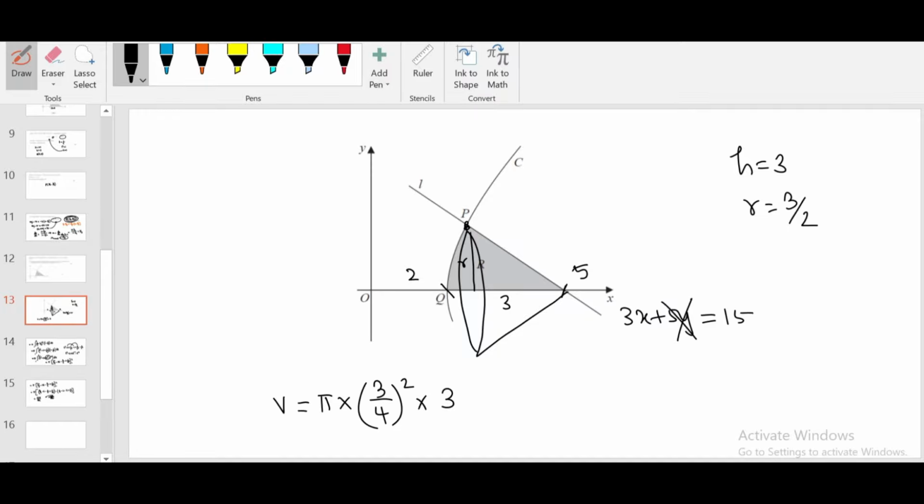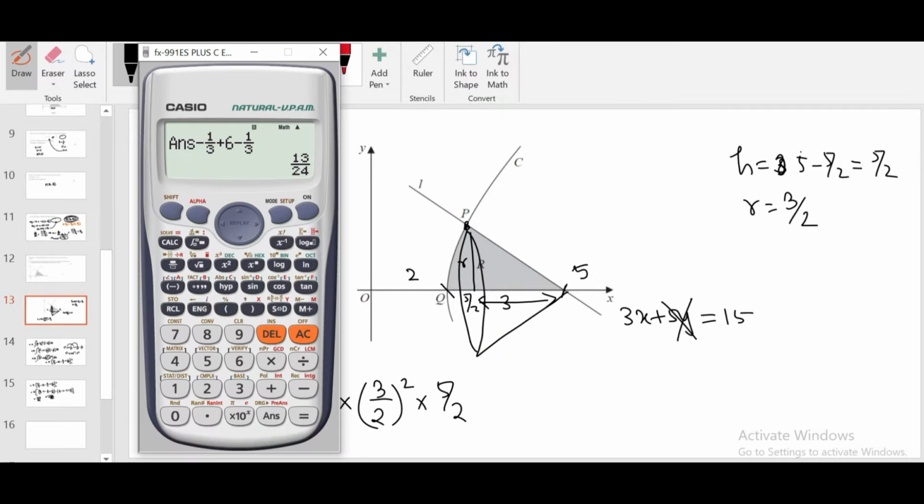R is 3 over 2. Sorry, I made a little mistake. H is basically this point to this point, this height, not 5 minus 2. So the x coordinate here is 5 over 2. So height is going to be 5 minus 5 over 2, which is also 5 over 2. So we put it as 5 over 2.